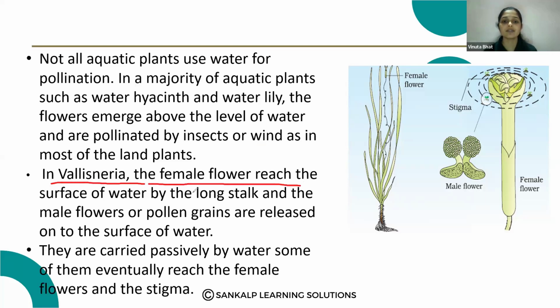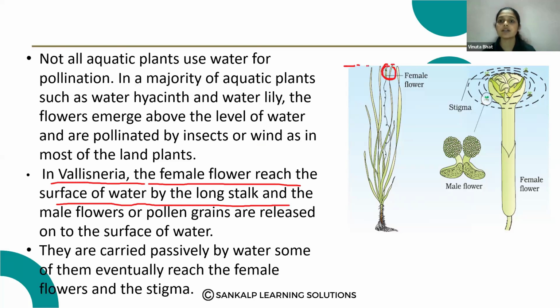In Vallisneria, the female flowers reach the surface of water by a long stalk, and the male flowers or the pollen grains are released onto the surface of the water. So in Vallisneria, the pollination is by water, right? Here you can see the water level.